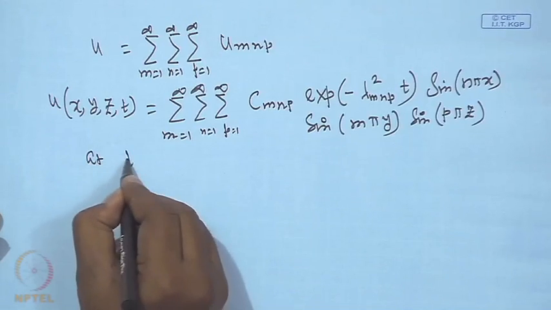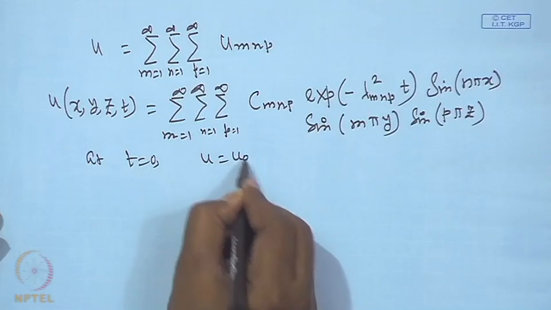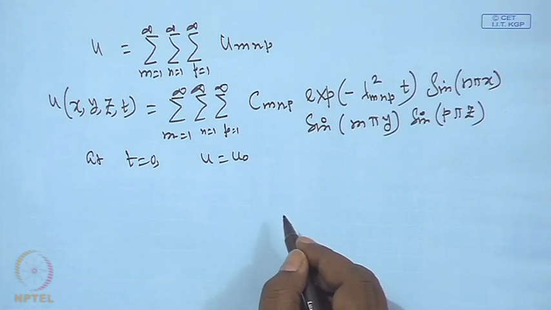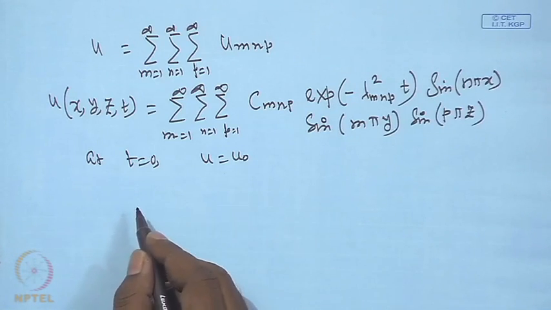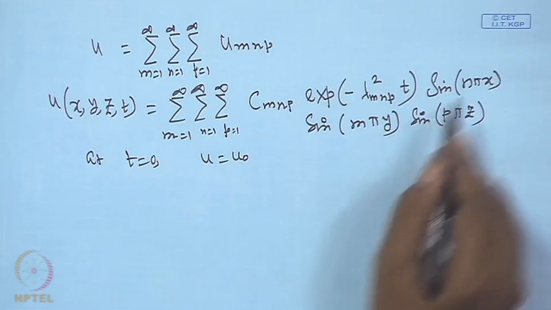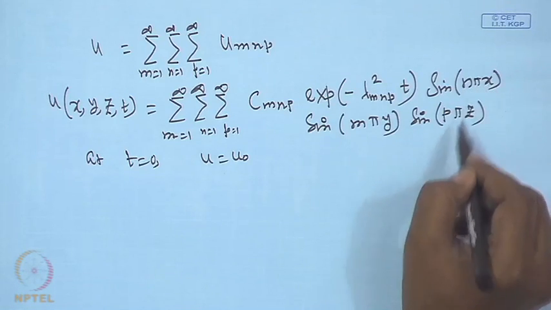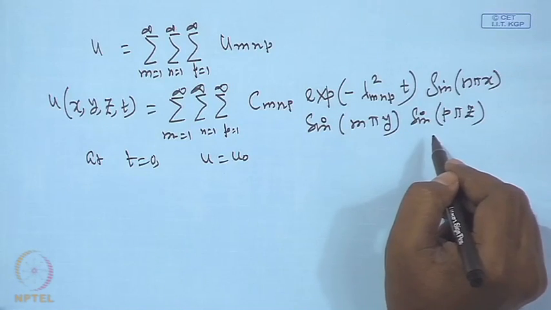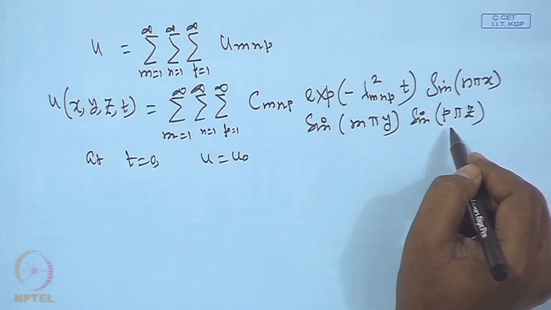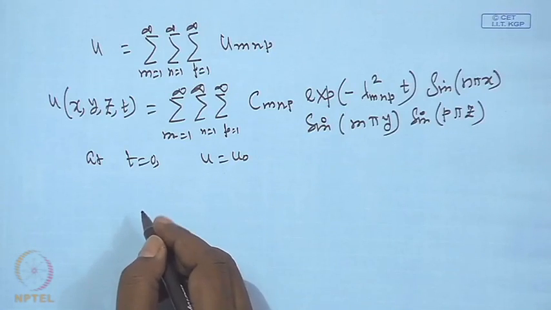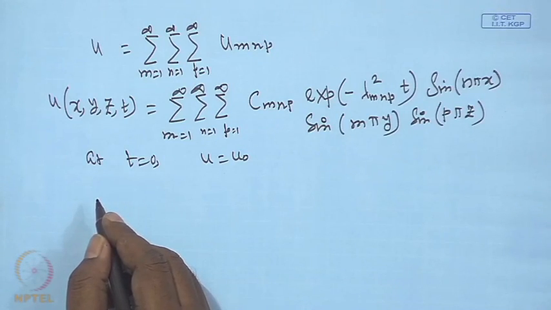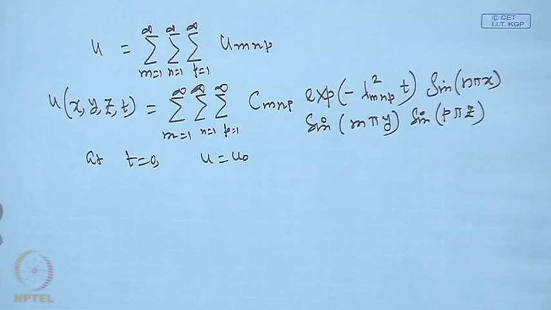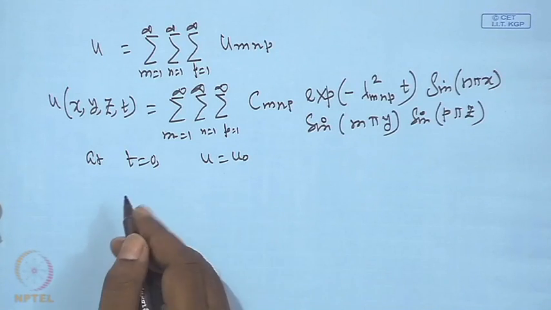The initial condition was at t is equal to 0, u was equal to u naught, and we will be using the orthogonal property of the eigenfunctions or the sine function. So, we multiply both sides by sin m pi x, sin n pi y and sin, let us say, q pi z, and dx dy dz and integrate over the domain of x, y, z.